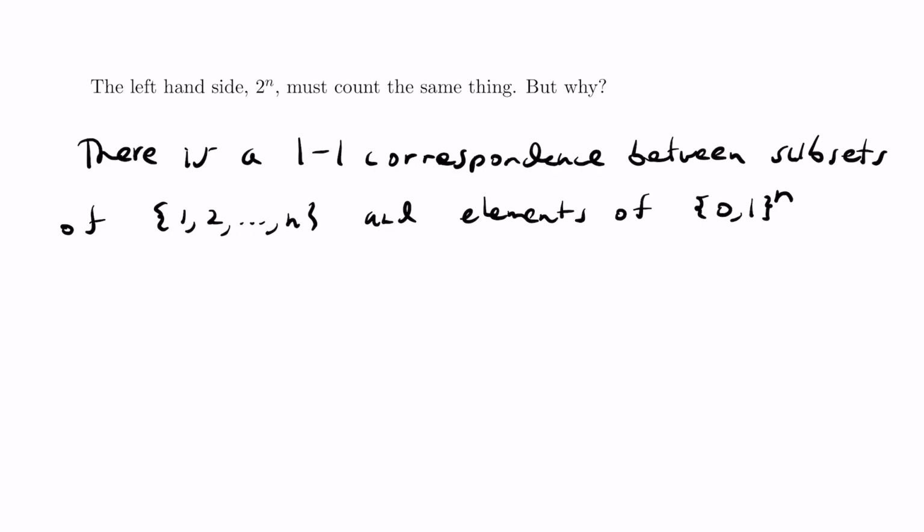Now, I want to remind ourselves what that actually means. So here we have a set. We're raising it to the n. What we mean by that is we're taking the Cartesian product of n copies of the set itself.